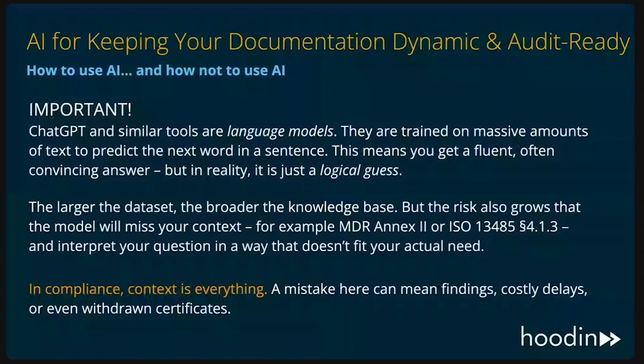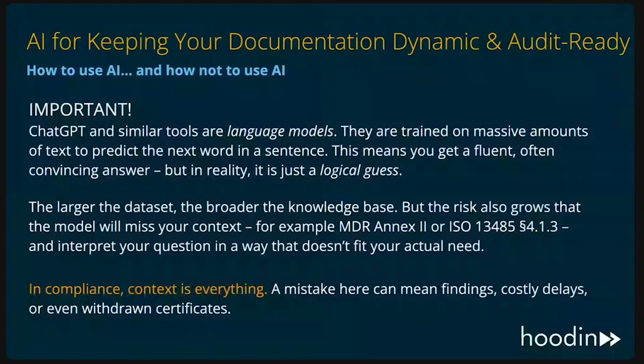But what happens with that person, no matter if it's an AI or if there actually was a person that has read every book on earth and remembered them, is that they have an insanely broad data set. And the broader the knowledge base, the more the risk grows that the model will miss your context.